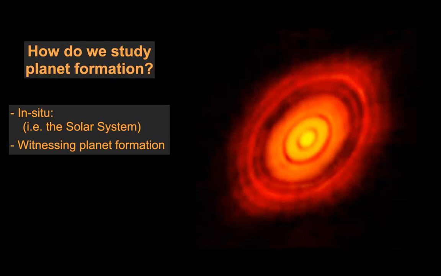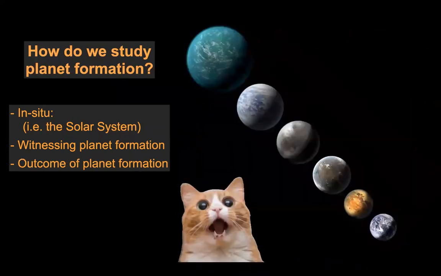And the last thing, which is what I focus on in my research, is actually studying the outcome of the planet formation process, right? Looking at the planets that formed many billions of years after the fact, and looking for trends as a function of certain planetary parameters or certain stellar parameters that we can basically use to invert the problem, trace back in time and say what sort of physics govern the planet formation process in order to produce the population of planets that we see today.